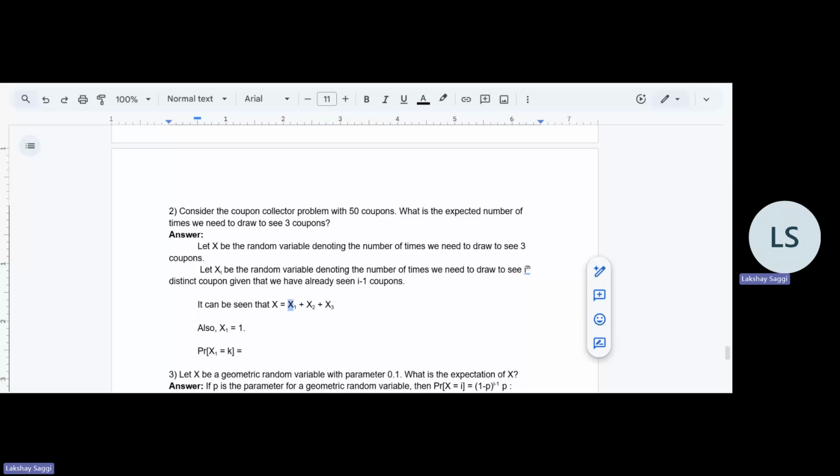So we have not seen any coupon yet, and any coupon we draw will be a distinct coupon. So x1 will always be equal to 1.